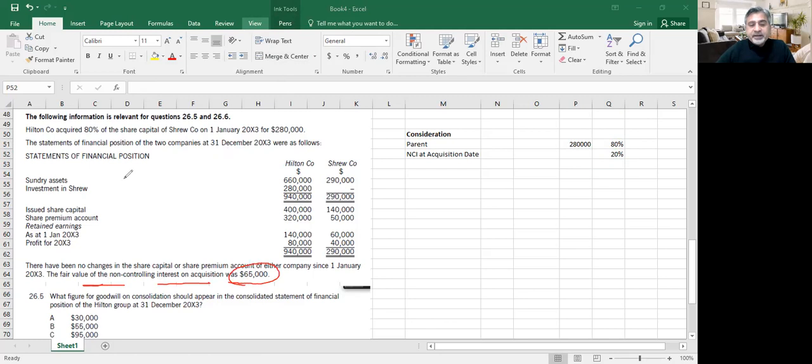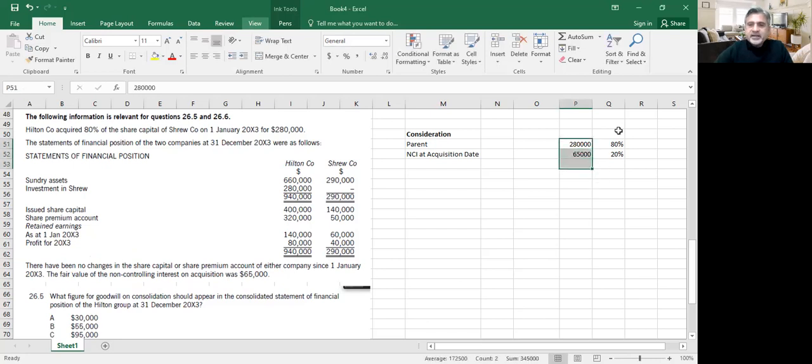I'm going to explain this a little later. The fair value of non-controlling interest is very important because you always need to see how it was measured. There are two different methods of measuring the NCI, and these two methods will create implications. What implications? We will discuss it a little later. Right now, it is 65,000.